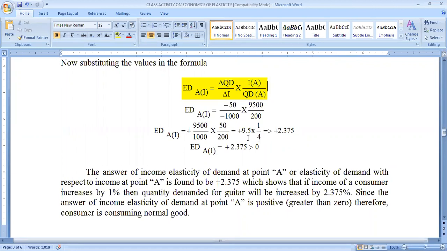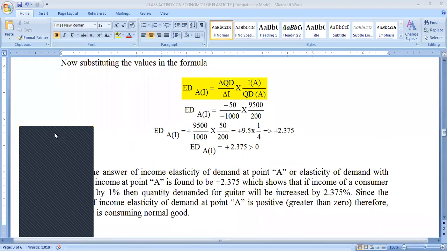When we divide 9.5 by 4, the answer should be 2.375. Let me calculate it again. 9.5 divided by 4 is 2.375.